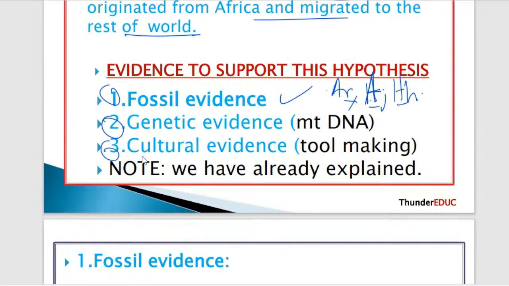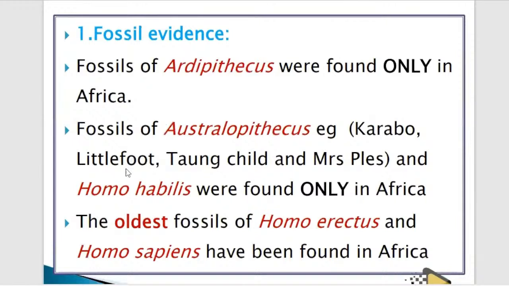But when you talk about the oldest fossils of Homo erectus and Homo sapiens, they were also discovered in Africa. You have to add that word oldest. Also, fossils of Ardipithecus were only found in Africa.